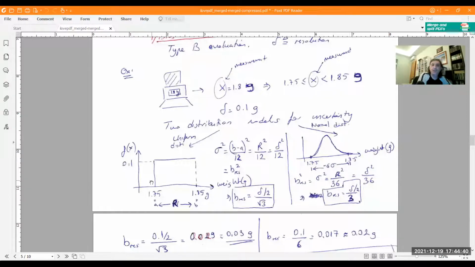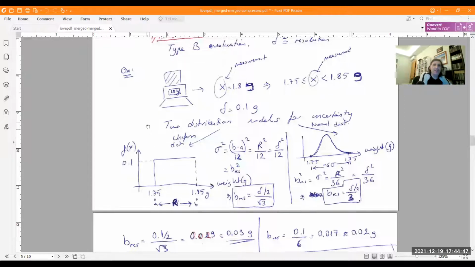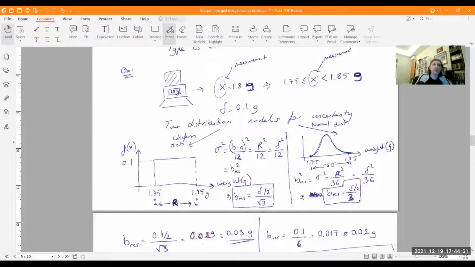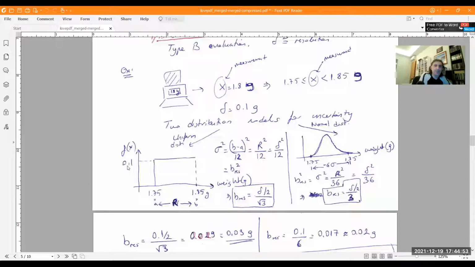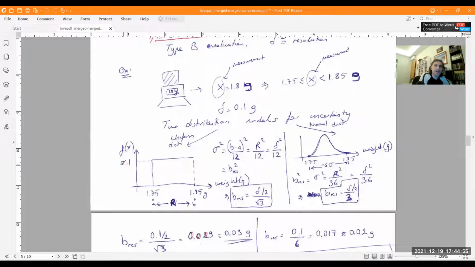Here this is going to be actually equal to, no, it's not 0.1, since the area should be equal to 1. Therefore, I think this should be 10, because 0.1 times 10 is going to be, the area is going to be equal to 1. Let's keep the statistics as rigorous as we can.